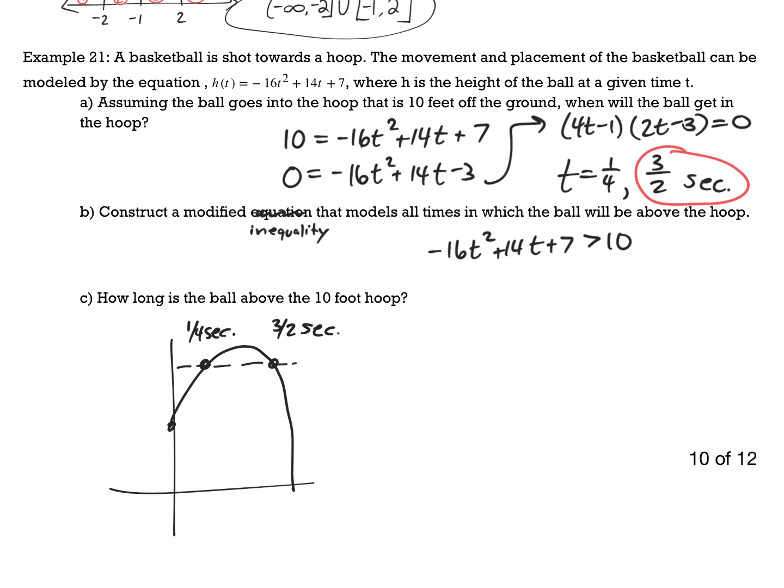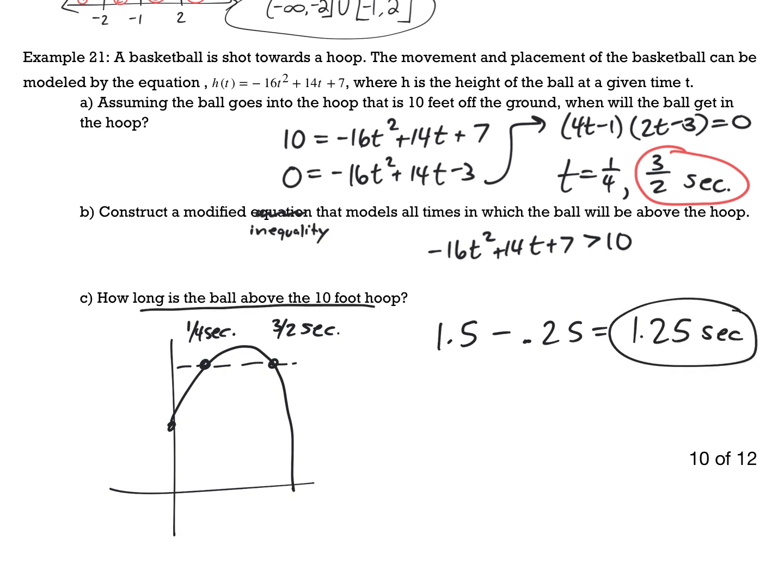So we know that between that, on that interval, that's when the ball is above 10 feet. So we know that 1.5 seconds minus 0.25 seconds will equal 1.25 seconds. That represents the total time the ball is above the hoop.